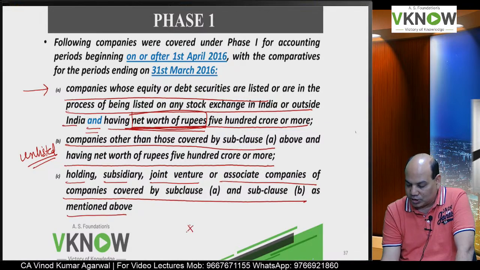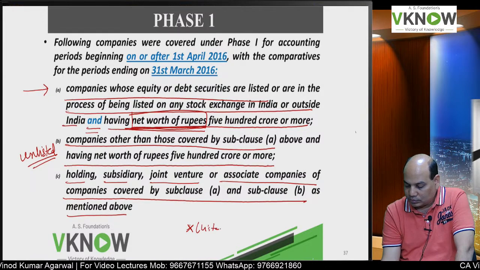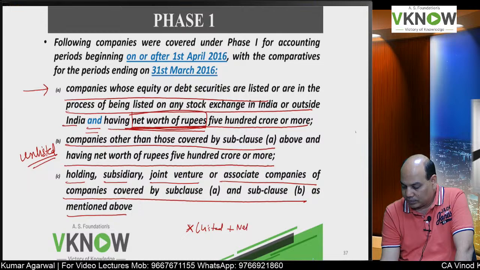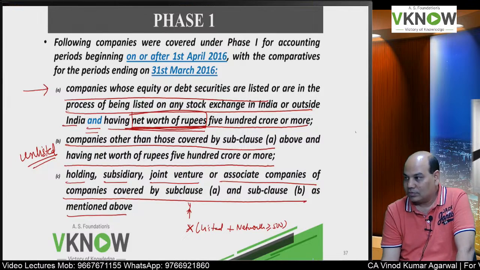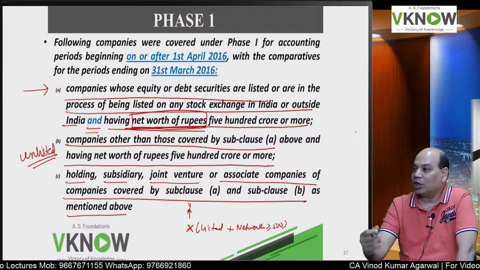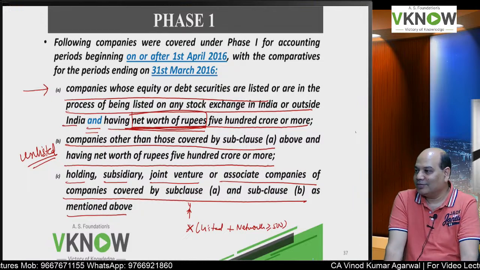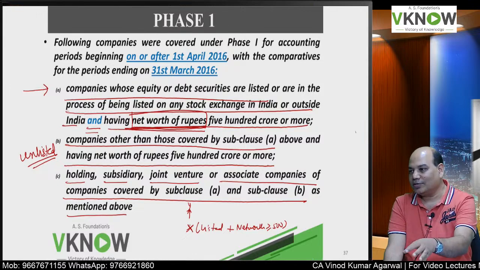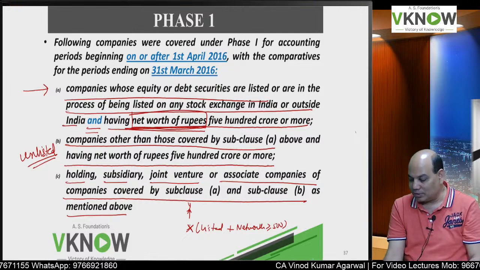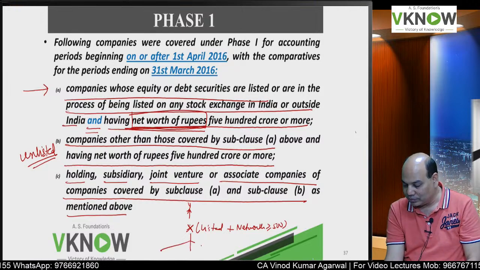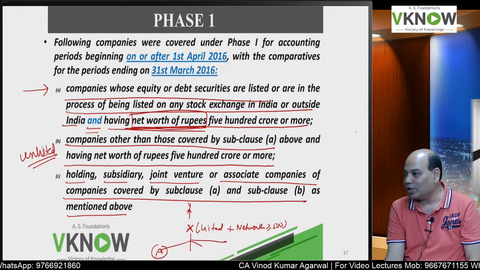So suppose this is X, it is listed plus net worth more than or equal to 500 crore. It is applicable. It has a parent company Y, irrespective of the status of the parent company. Parent company may be unlisted, net worth 2 rupees only, 100 rupees only, still applicable. It has a subsidiary A, applicable.